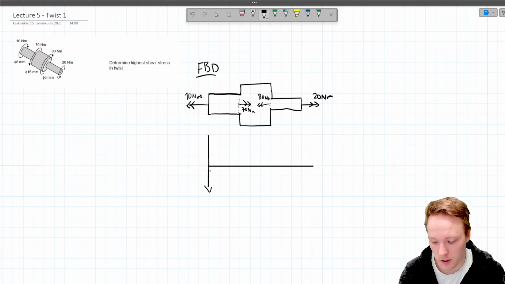So here the internal torque value jumps to 10 and it's on the positive side, so we're at value 10 of internal torque here, 10 positive, like so.